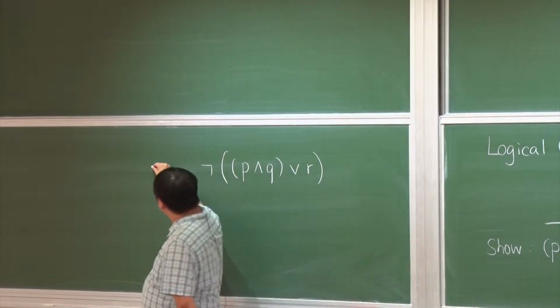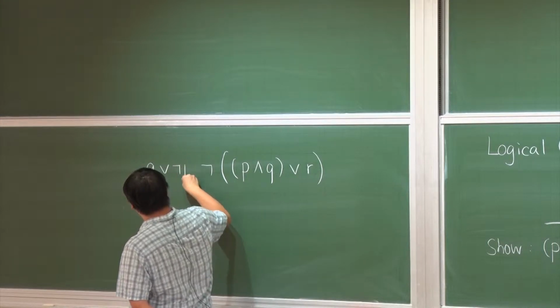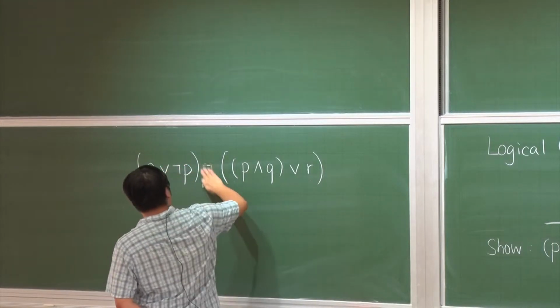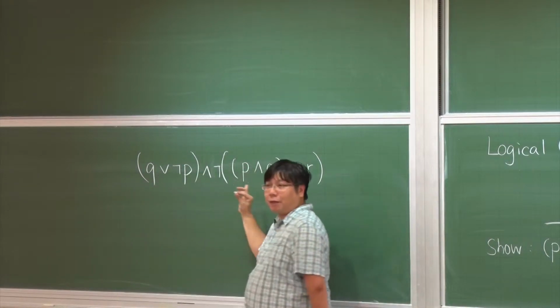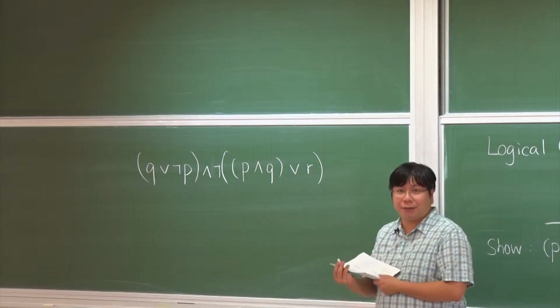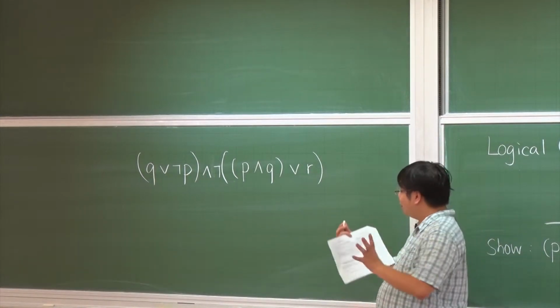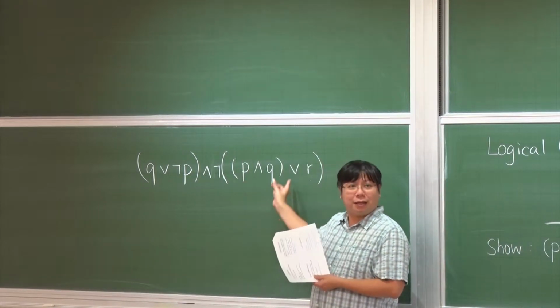So I can do something very crazy. Maybe this is Q or not P, and then I have this one and this one, and let's close it with this one. This is a very, very long proposition. We call it a compound proposition. It's not simple anymore. It has many things inside, but still it is a proposition.